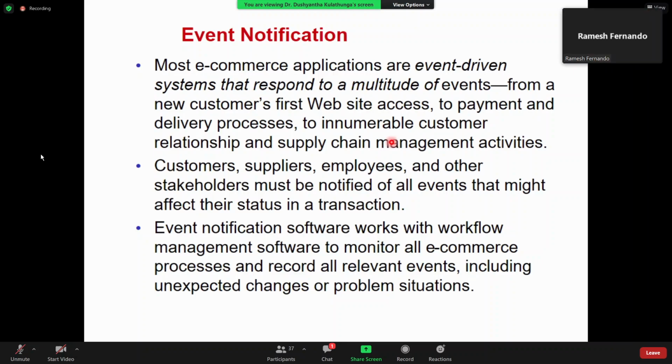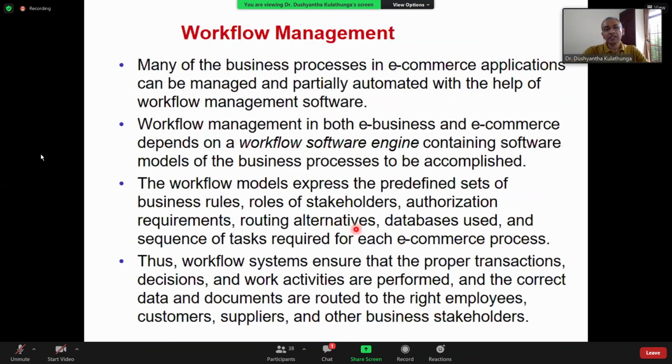And sir, is it compulsory to have a workflow management system in order to have event notification? Here, what we mentioned was that workflow management is necessary because it can be related to processing orders. Workflow can be related to processing a sales order.